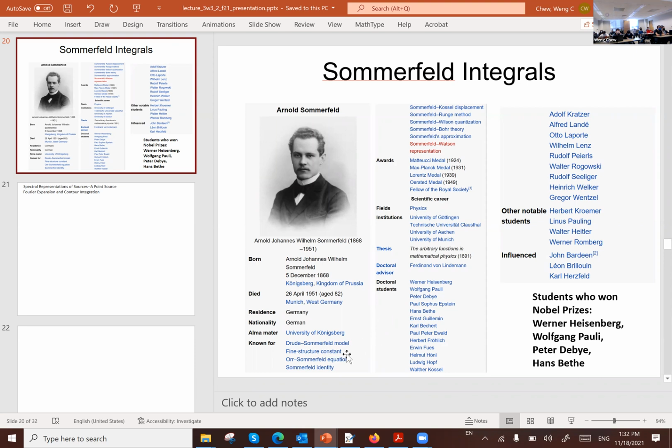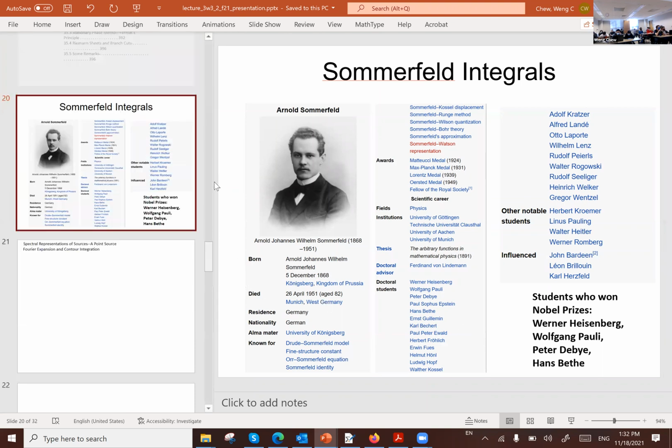But I like to point out that he did some of the models, and most people usually call it the Lorentz model, so I'd like to give him credit for what he's done.